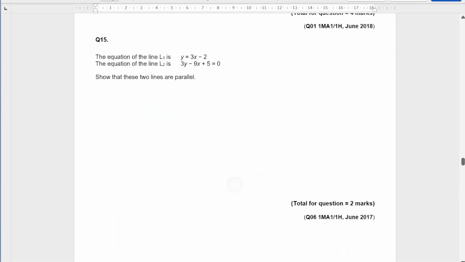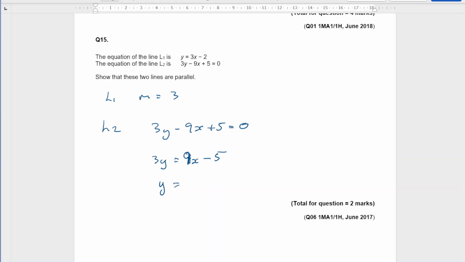Right, question 15. Show that these two lines are parallel. Line 1 has a gradient of 3. Line 2, we're going to have to manipulate a little bit first of all. So if 3y minus 9x plus 5 is equal to 0, 3y would be equal to 9x minus 5.